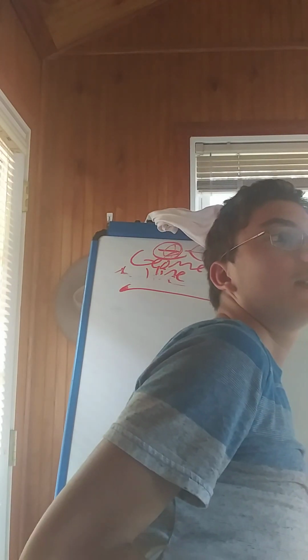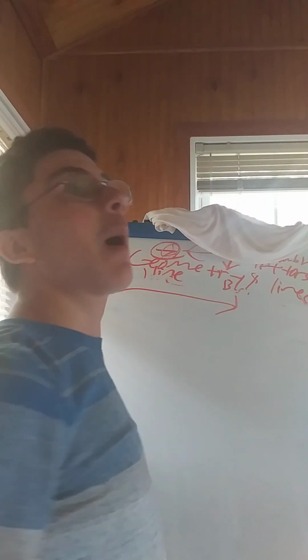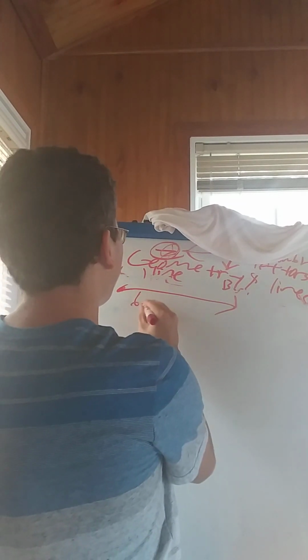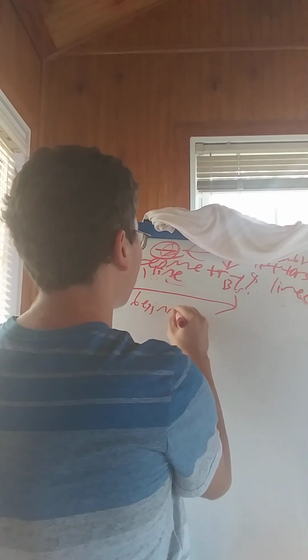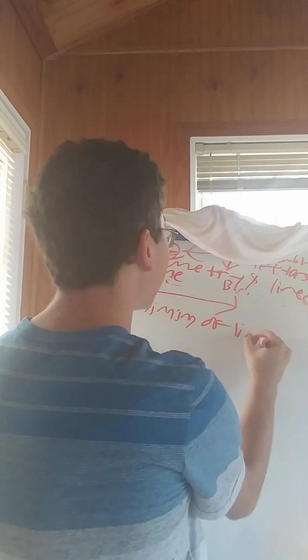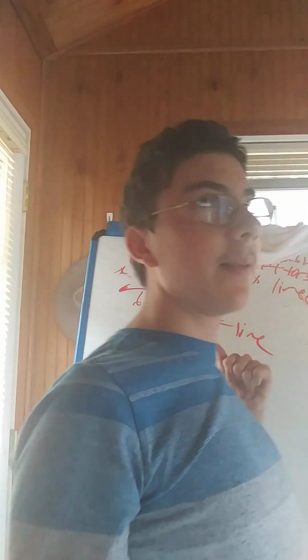Alex. Okay, the beginning of a line. So I want you all right now writing down beginning of line, or beginning of a line. And how could you tell that? Exactly.